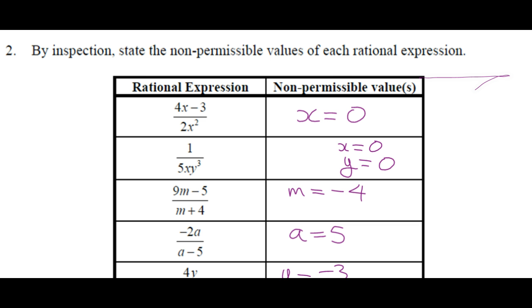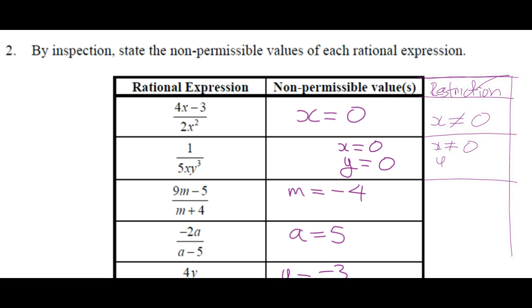So if I say restriction, this becomes x is not equal to 0, x is not equal to 0, y is not equal to 0, m is not equal to -4.